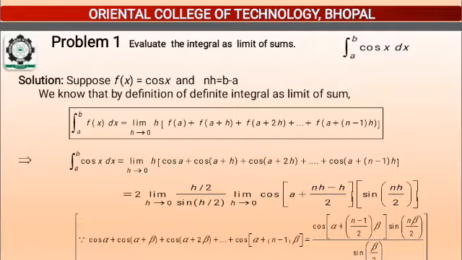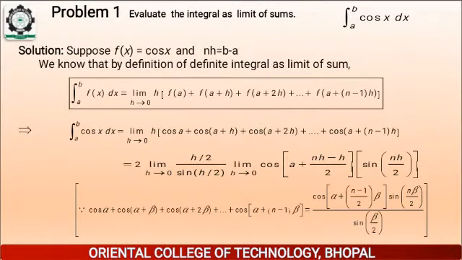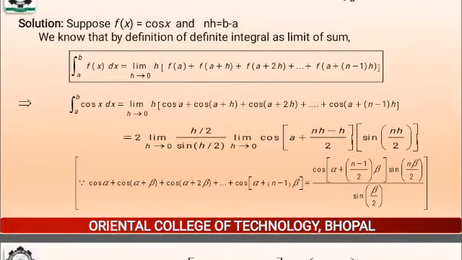Put f(x) equal to cos x and we have this. This is the formula: cos(alpha plus beta) plus cos(alpha plus 2 beta) up to cos(alpha plus (n minus 1) beta) equal to cos(alpha plus (n minus 1)/2 beta) sin(n beta/2) upon sin(beta/2). According to this formula, this can be written in this form.